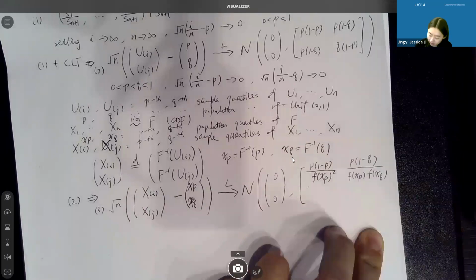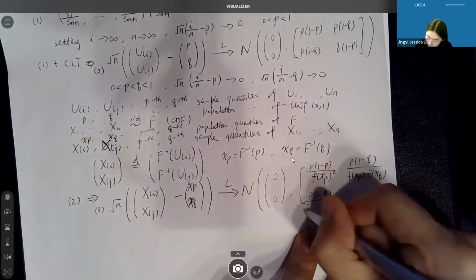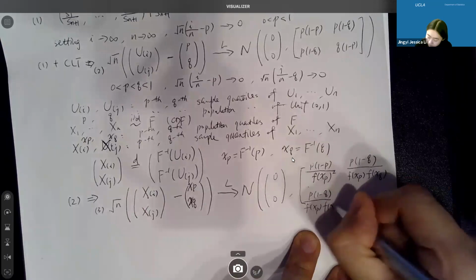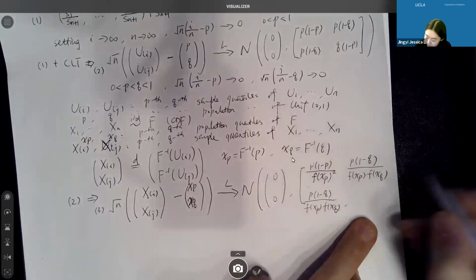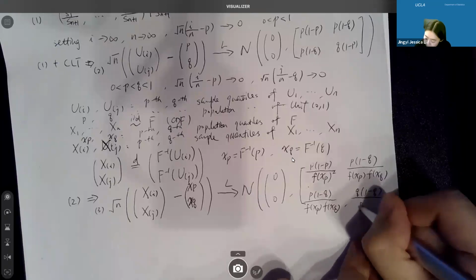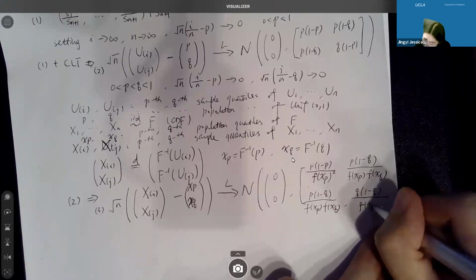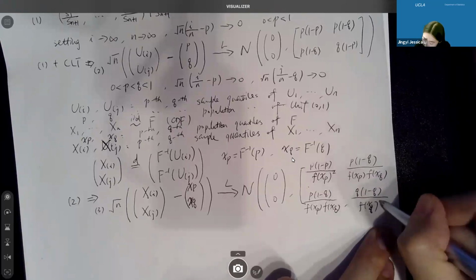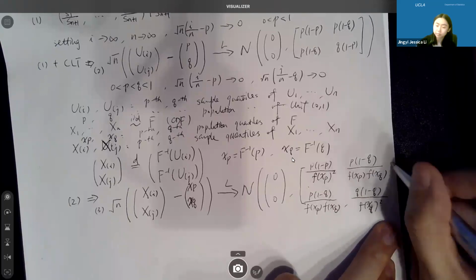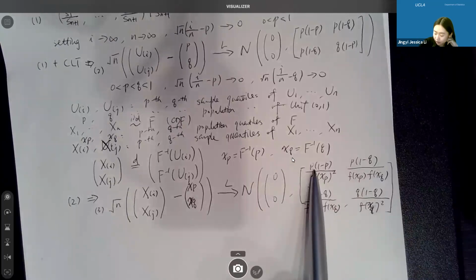And similarly, here's the same. I'm just copying it, Xp, f(Xq). Finally, this one is Q times 1 minus Q over the density at the Q's population quantile Xq squared.